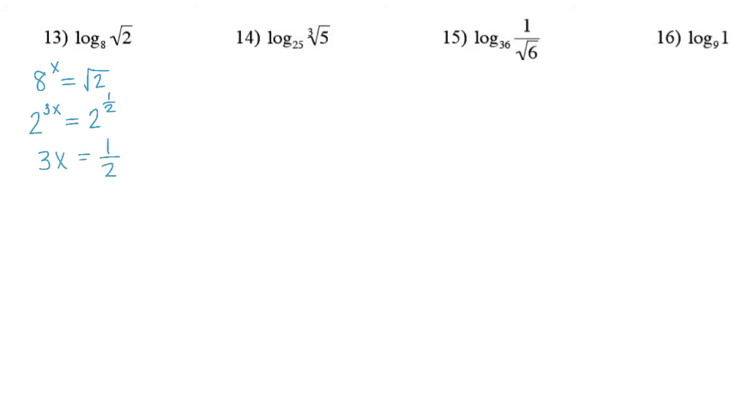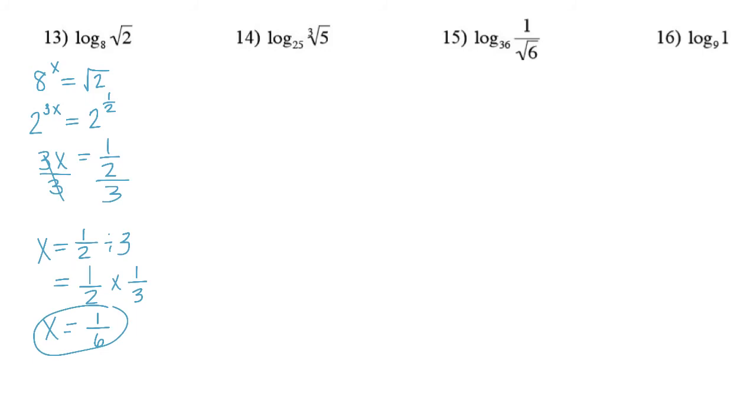And now we would divide both sides by 3. Now that looks terrible on that side. Now keep in mind what you were doing. You were dividing by 3. So we really have x equals 1/2 divided by 3, which is really 1/2 times 1/3. So our final answer is going to be 1 over 6.